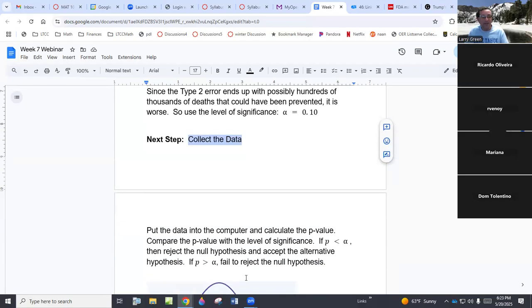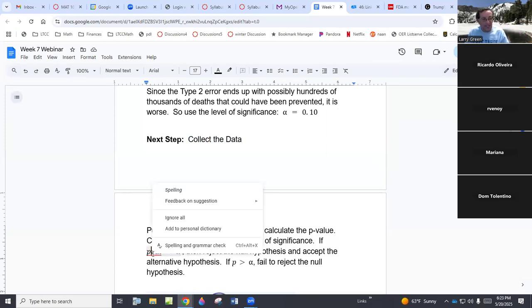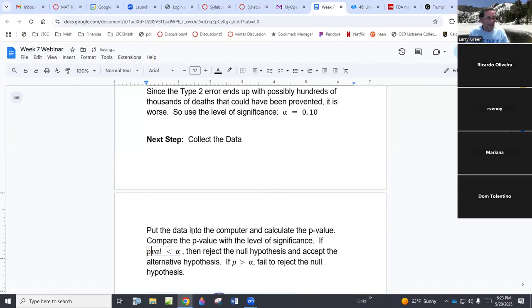Okay, the next step is to put the data into the computer and calculate the p-value. Then you compare the p-value with the level of significance. Let me write: if the p-value is less than alpha, then you reject the null hypothesis and you accept the alternative hypothesis.